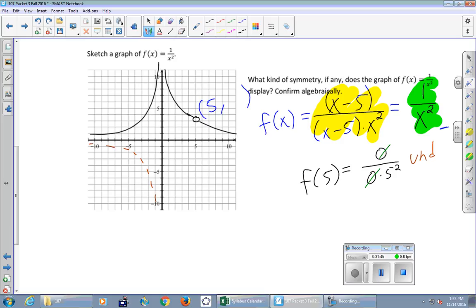What do you get when you plug 5 into the reduced thing? 1 over 25. That's where the hole is. Because we know what the graph is doing everywhere else except x equals 5, and we know it's doing 1 over x squared. We know it behaves like 1 over x squared. So 1 over 25 is right. You got to make sure you know how to find that y coordinate, because that's where you plot your point. That's where you plot the hole. Okay? Any questions on that?